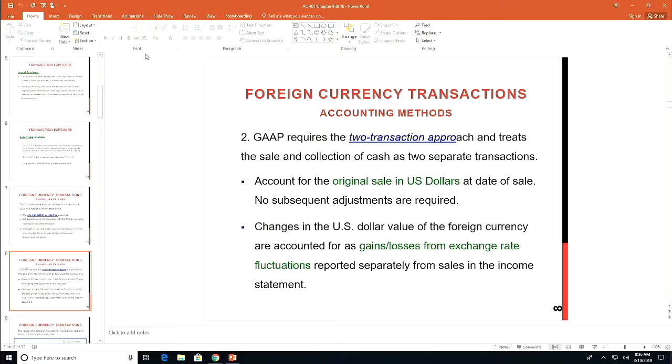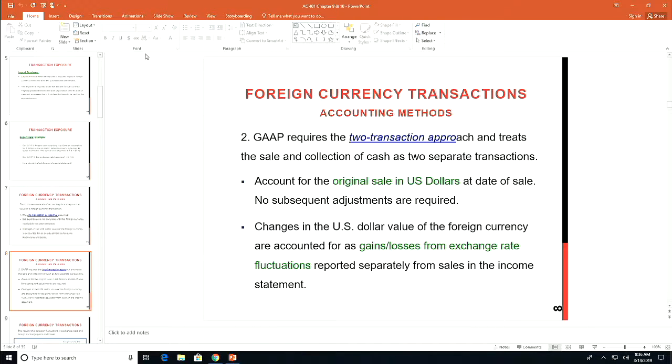Now I can give you one purchase example. For example, you purchase some raw materials from India. The day you purchase, you have to record all those transactions. The purchase happened, say, on March 1st. You bought some inventory, you debit inventory, you credit accounts payable. You remember all these basic entries. You are not paying cash to your Indian supplier, so you credit accounts payable.